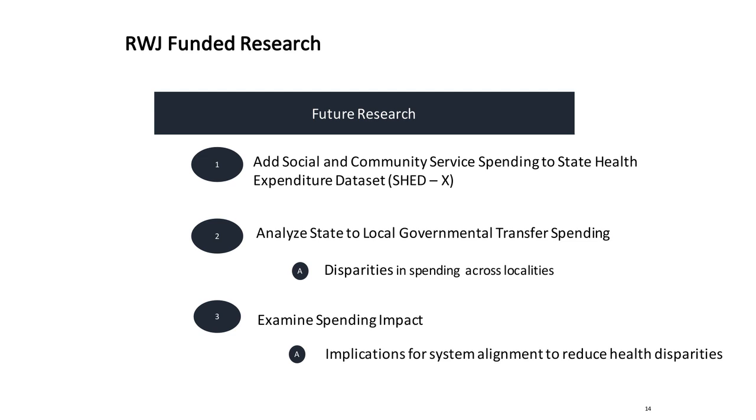Some states just leave their poorest counties on their own in many ways. And we can look to see whether the states that do try to help their weakest counties tend to narrow health disparities. We want to continue working on examining the impact of this spending on various health measures, looking at various causes of death. We're very interested to see how this spending is affecting the opiate mortality.